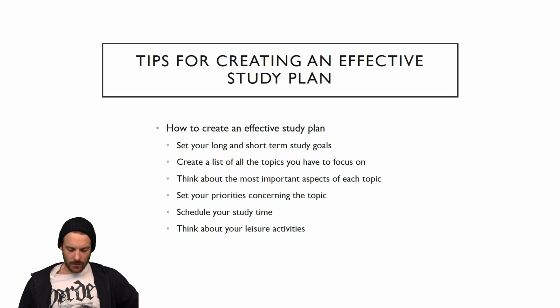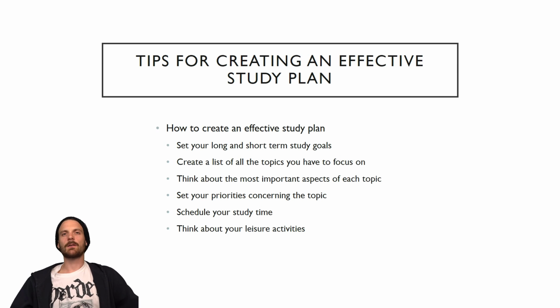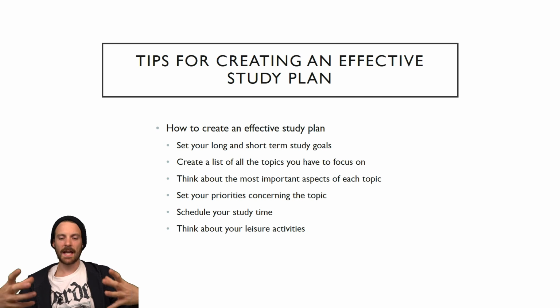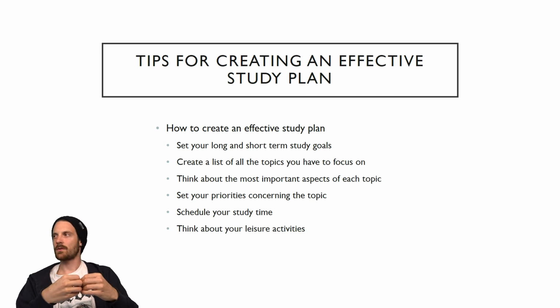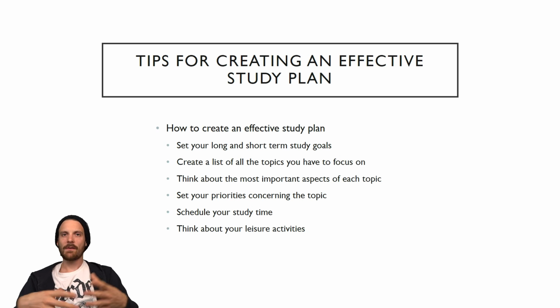Okay, so the next thing about the study plan is to create a list of all the topics you have to focus on. In your case, those are the 12 topics that you have to focus on in order to know everything you should know.